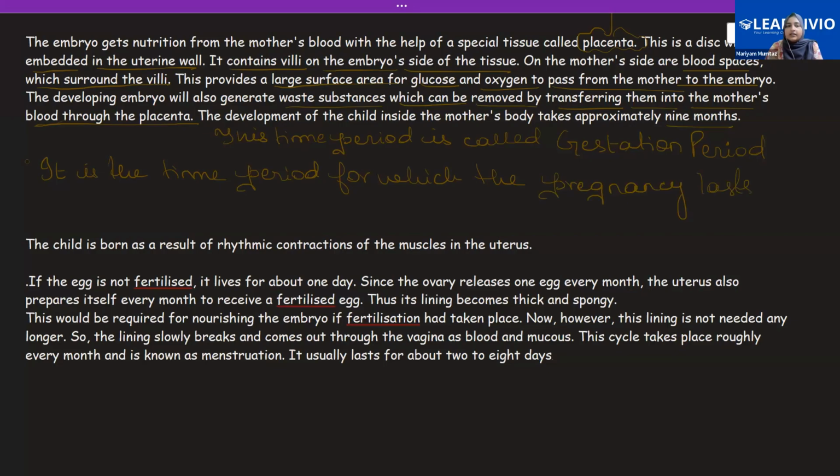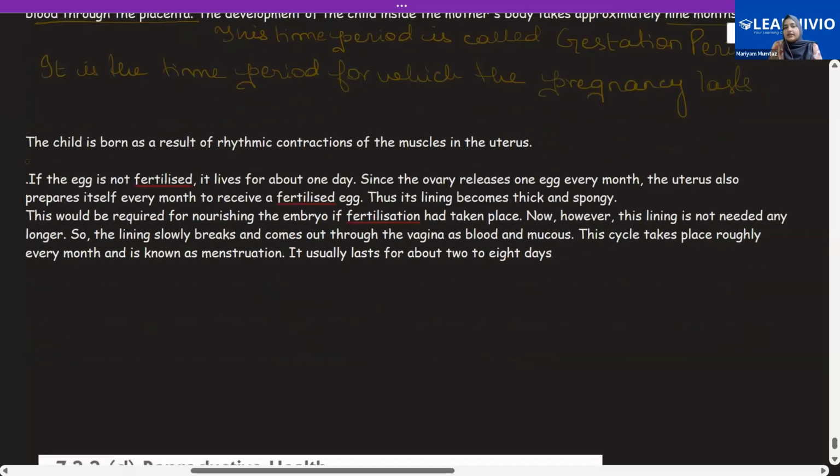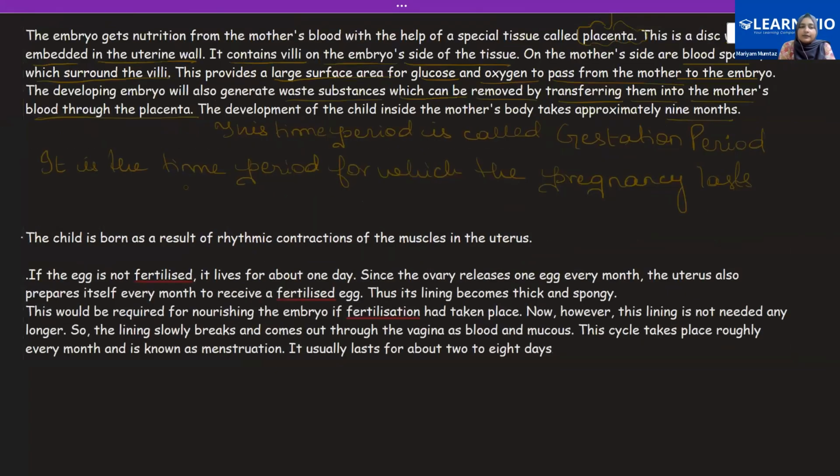Now further, the child is born as a result of the rhythmic contraction of the muscles in the uterus. Now see, when does this happen? Remember I told you yesterday?